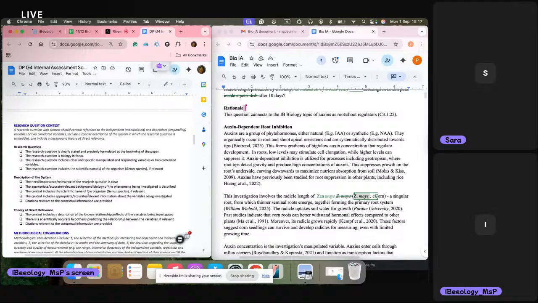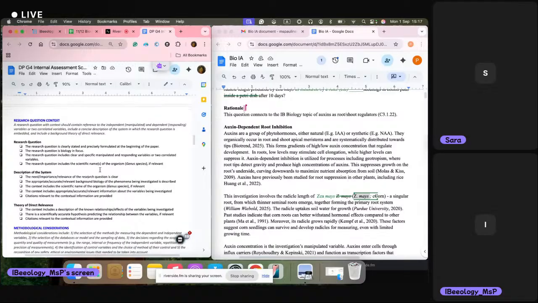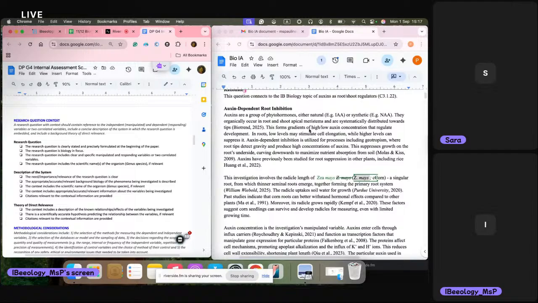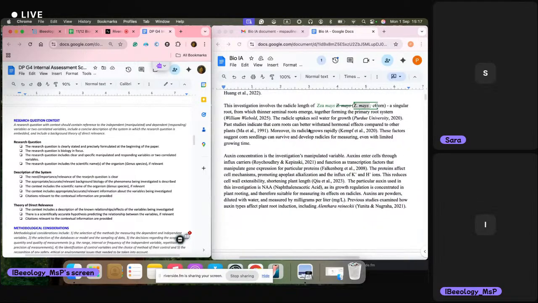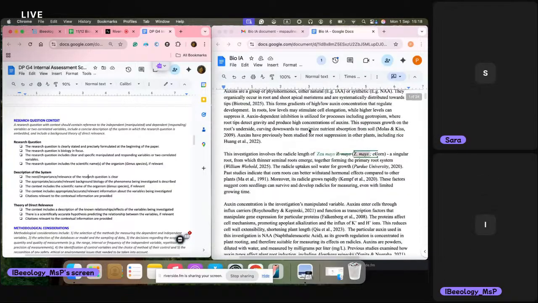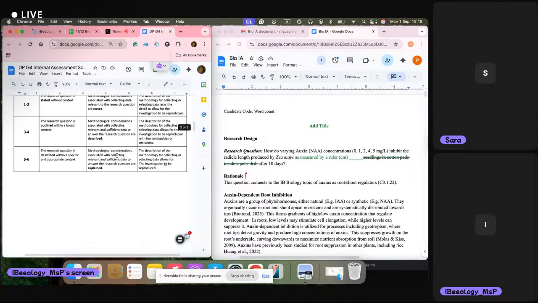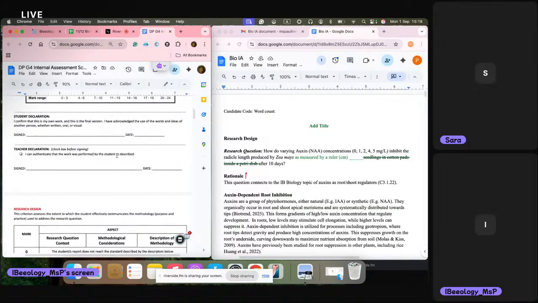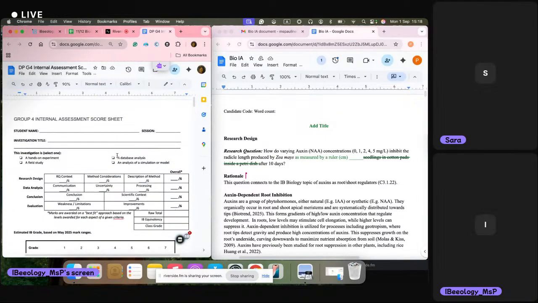Now, description of the system, importance, relevance of the research question is clear. Why are we looking at that? So, upon reading your lengthy background information, right? So remember, guys, your research design, from the first page, from the title to the method or the steps up to some kind of hypothesis that you will write, all of that is only 6 marks.